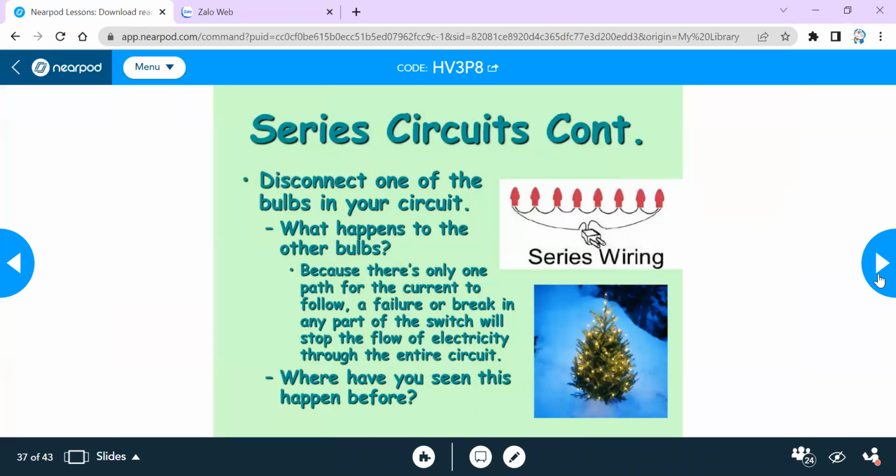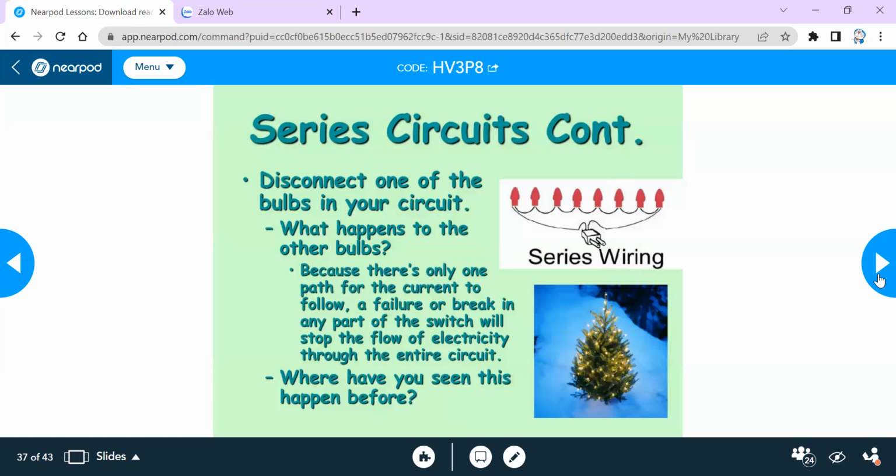Next, if we were to disconnect one of the light bulbs in the series circuit, because there's only one path for the current to flow, a break in the pathway will stop the flow of electricity.